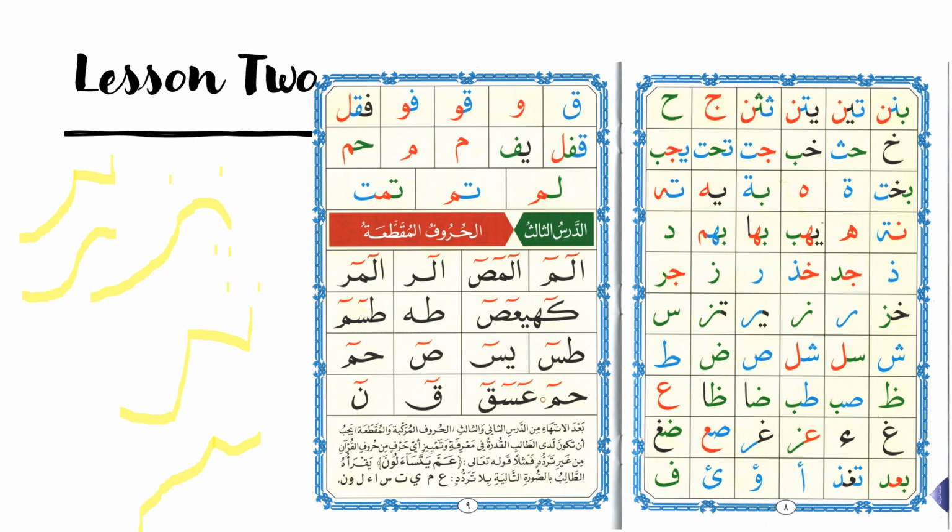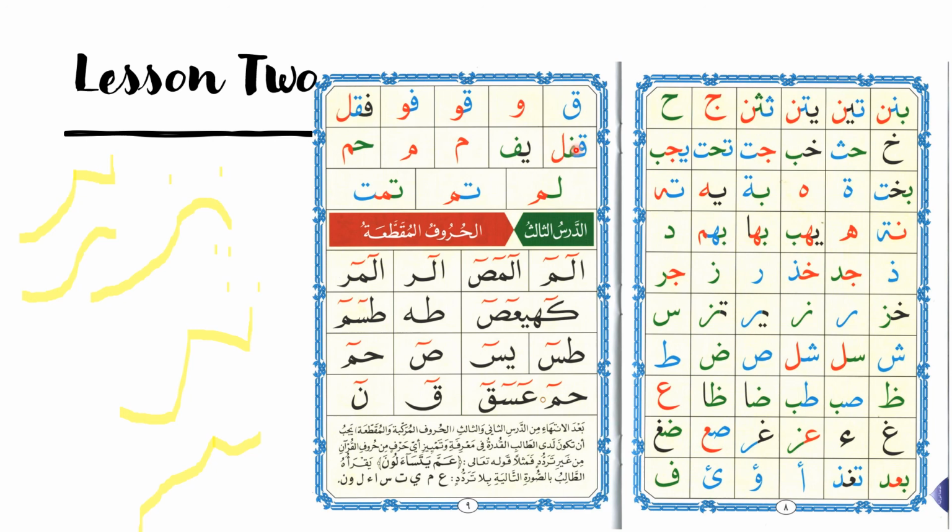Fa, qaf, waw, qaf, waw, fa, waw. So this is the difference between the qaf and the fa, 2 dots or 1 dot. This is in the beginning. In the middle, it will be connected to the letter like this. Fa, qaf, lam, qaf, fa, lam.